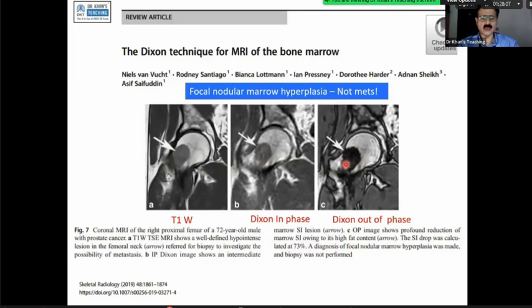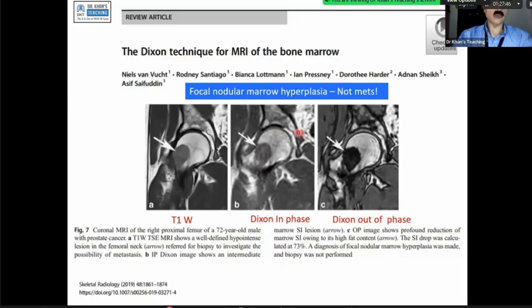What does it tell you? It tells you that it has got fatty component, just like adrenal adenoma or a fatty liver, same principle is applied there. When there is fatty marrow inside, it means it's normal, and it was a focal nodular marrow hyperplasia.